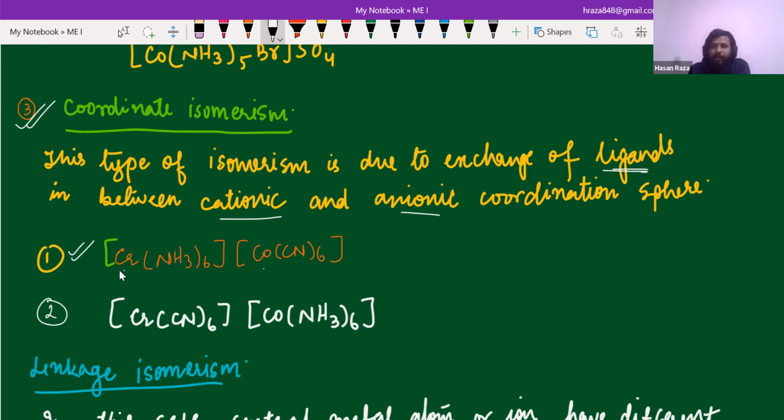In the first, chromium has the ligand NH3, and in the second, which is an anionic complex, cobalt has CN. Now the ligands are switched between the cationic and anionic coordination spheres. This type of isomerism is known as coordination isomerism.